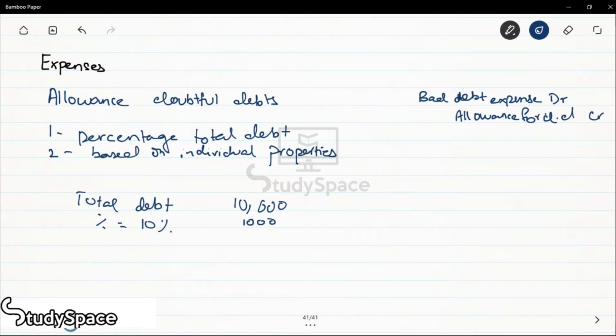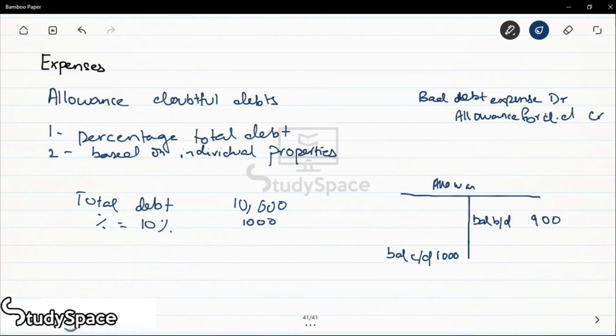Now, in the form of a T account, the way we account for such doubtful debts is that there is a balance that is brought down from the previous term, and there is a balance that is to be continued. The balance brought down, say, was 900, and the balance to be continued is, say, 1000. This is our allowance for doubtful debt account, and this is a rough draft.